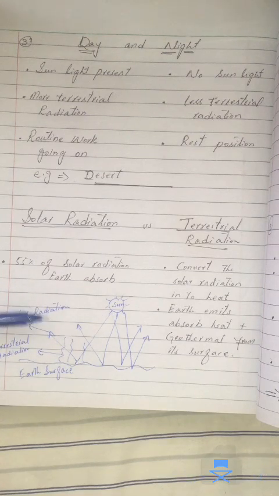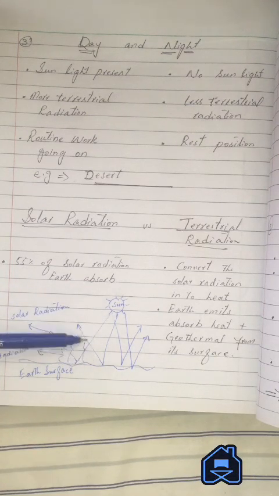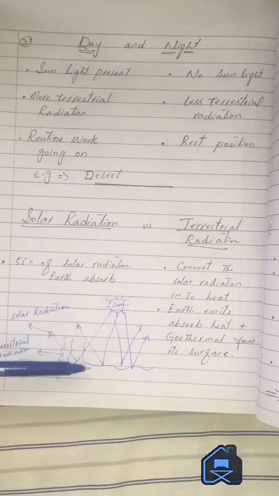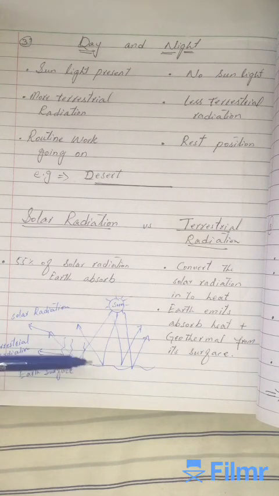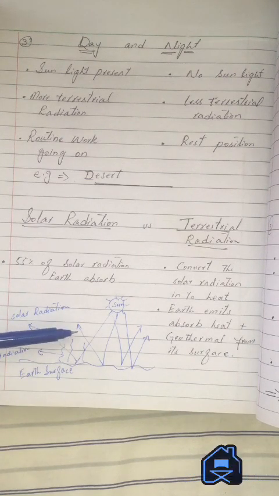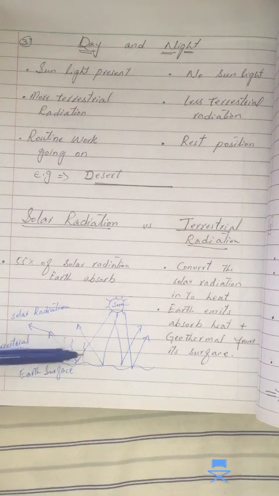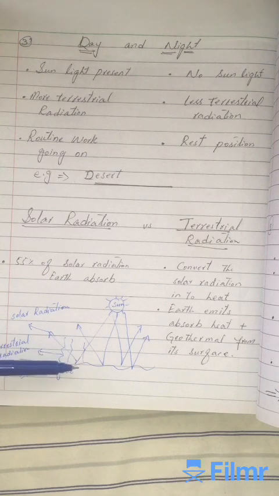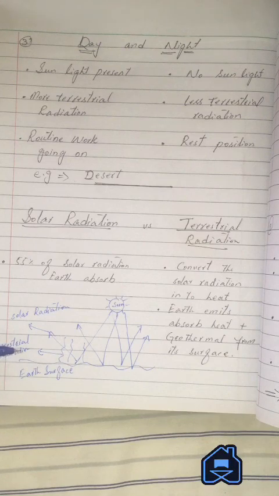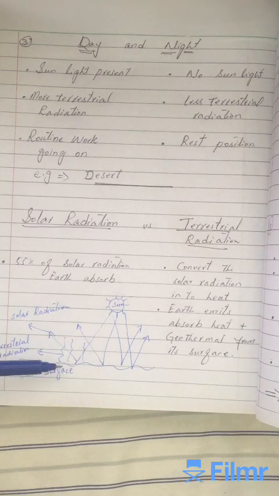So in this figure you can see that this is the solar radiation which hits the surface of the earth, and 45% of the solar radiation is reflected back into the air and 55% is absorbed by the earth. The other 45% of heat, the earth itself releases in the form of geothermal heat from its surface.